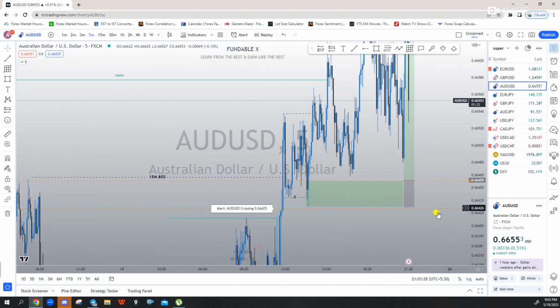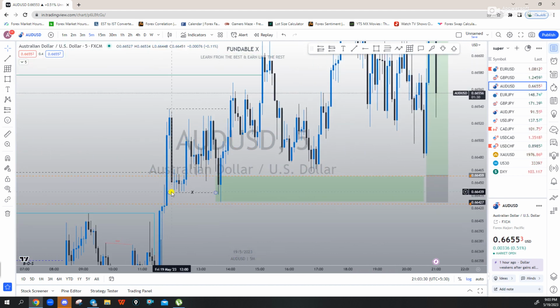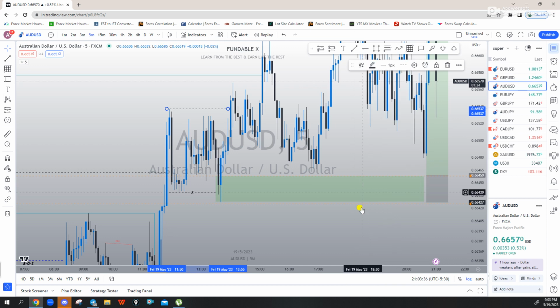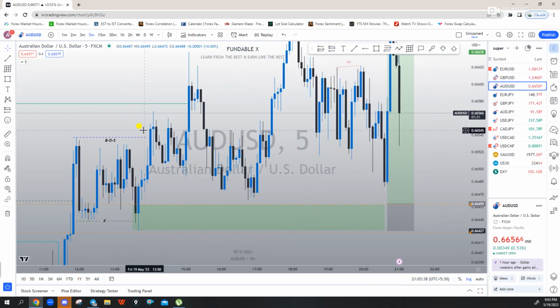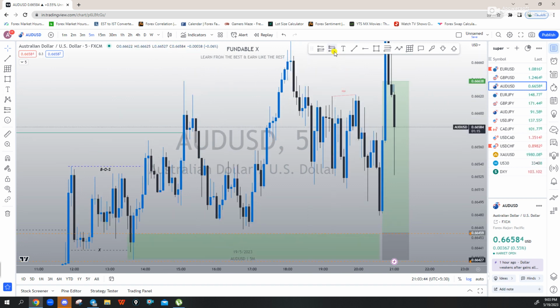After that, the market has swept the liquidity, made a high, swept the liquidity and gave another break of structure, right? So the market is clearly on an uptrend. After that, the market came down, gave a high, came down, then gave another high over here, right? So this is another break of structure.